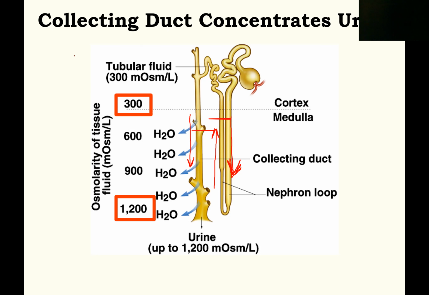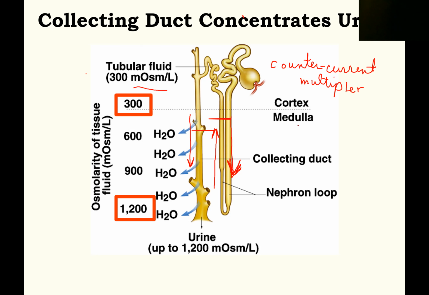Comparing, and this unit is called milliosmoles per liter, and that's a concentration of fluids. So again, we call this the countercurrent multiplier, as part of concentrating urine.